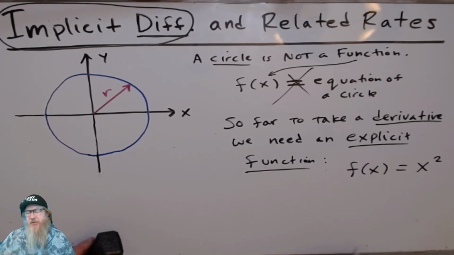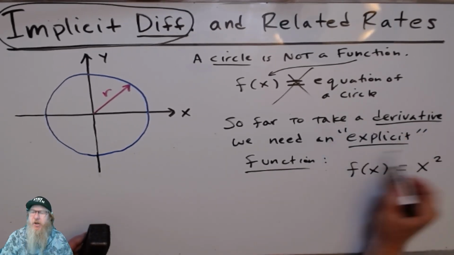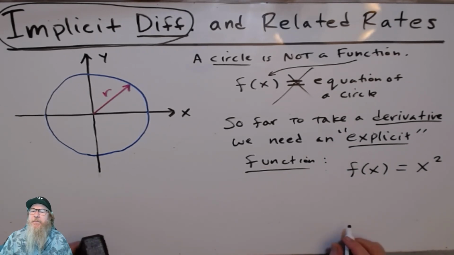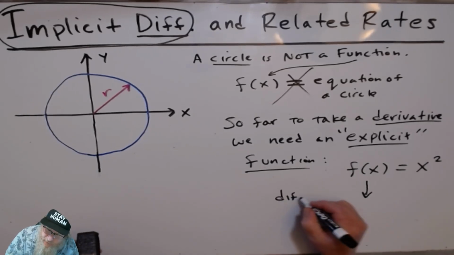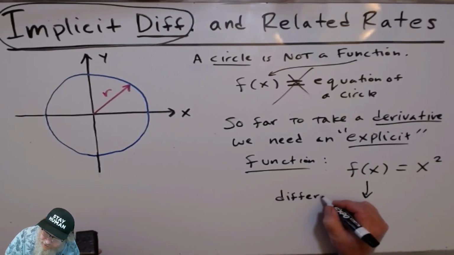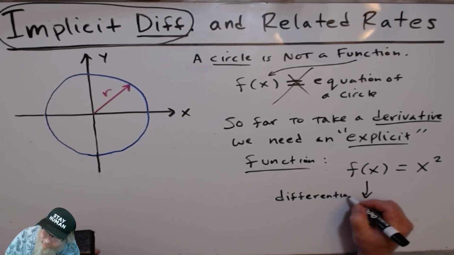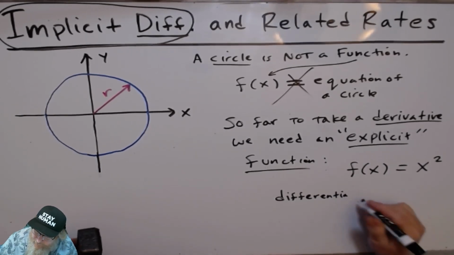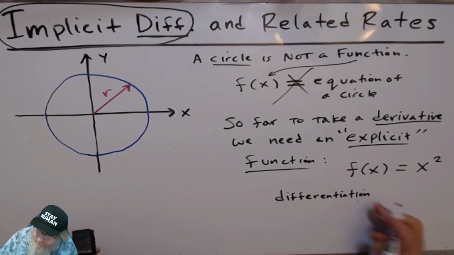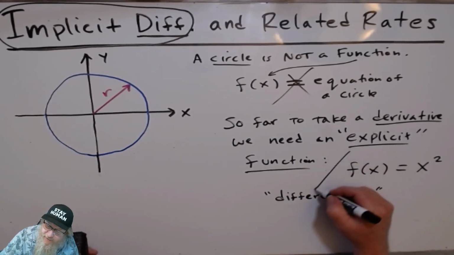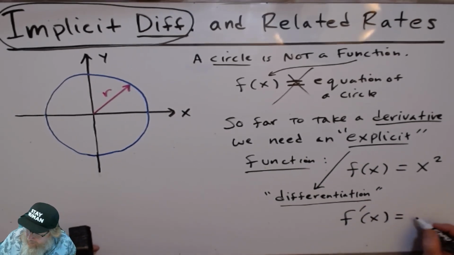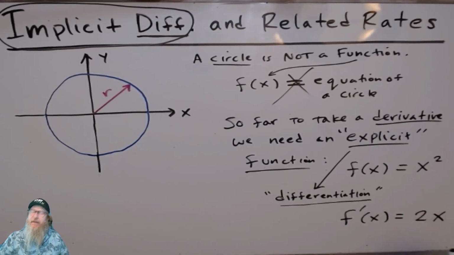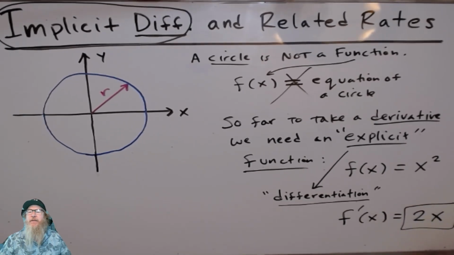All right, that's definitely not a circle. That's a parabola. So this is called an explicit function. A really easy one. So this is what's called explicit differentiation. Explicit differentiation, we would say the derivative of f of x is 2x, all right? And that's probably one of the easiest derivatives that you've learned in this course.